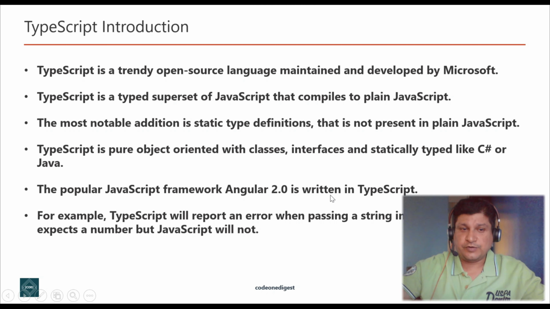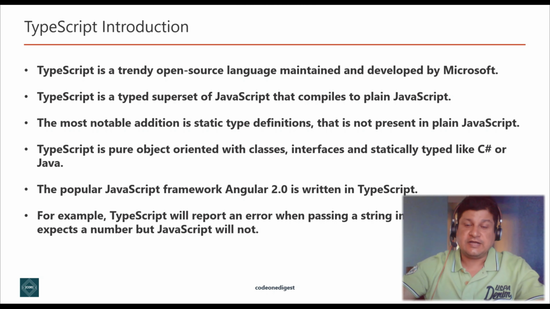You would have heard about Angular 2.0, that is purely coded in TypeScript. For example, TypeScript will report an error when passing a string into a variable that expects a number, but JavaScript will not throw any error. JavaScript will accept it. That is why we prefer to code in TypeScript, because it gives us data type immunity.